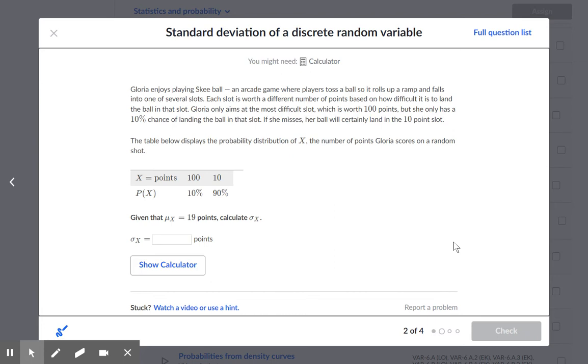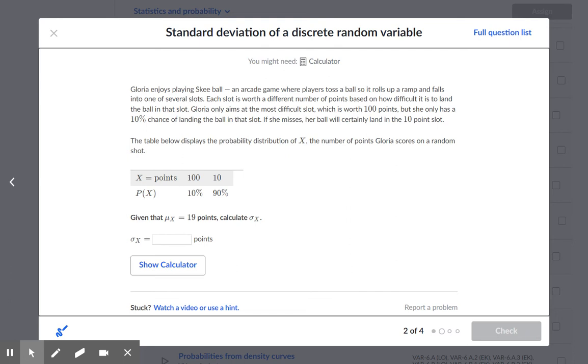So next question. Gloria enjoys playing skee ball, an arcade game where players toss a ball so it rolls up a ramp and falls into one of several slots. Each slot is worth a different number of points based on how difficult it is to land the ball in that slot.